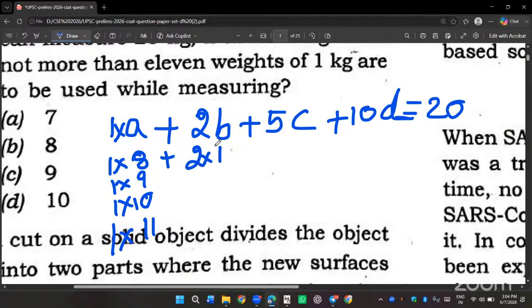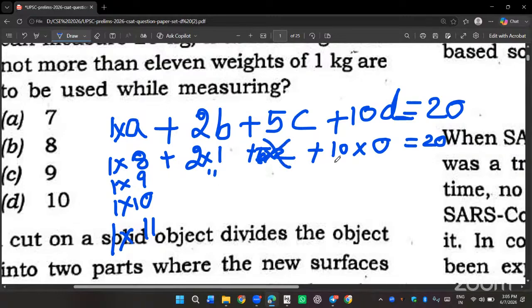To make it round. Then 5 kg weight 2. Totally 20 kg over. So I should not add 10 kg weight. So put a 0 here. I get 20 kg.